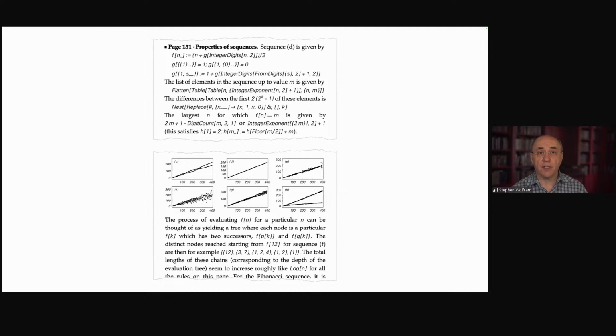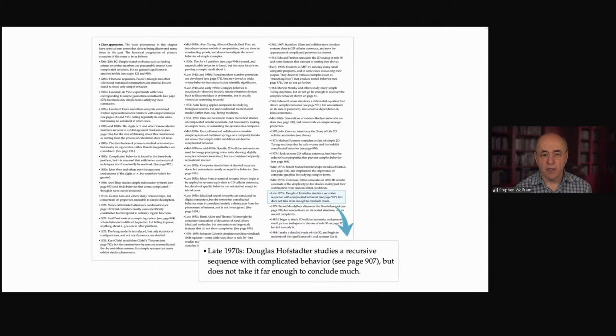When I finally finished A New Kind of Science in 2002, I included a list of historical close approaches to its core discoveries, one of them being Douglas Hofstadter's work on recursive sequences. In retrospect, back in 1981, I should have been able to take the Q sequence and recognize in it the essential Rule 30 phenomenon.